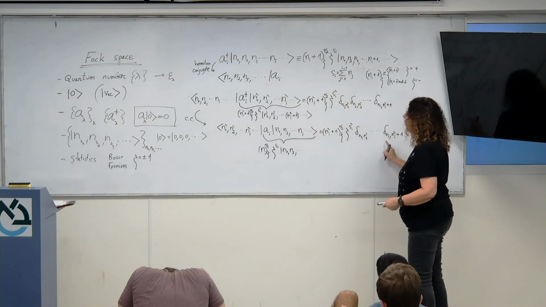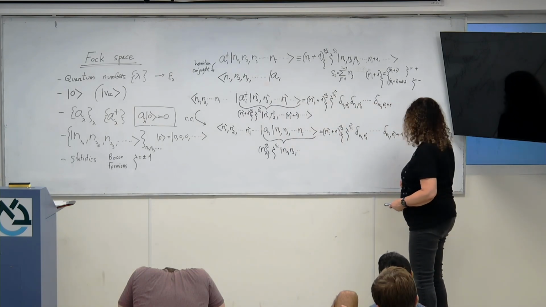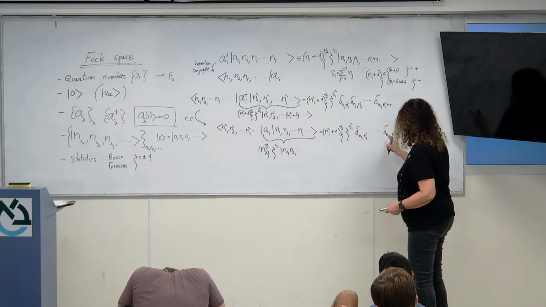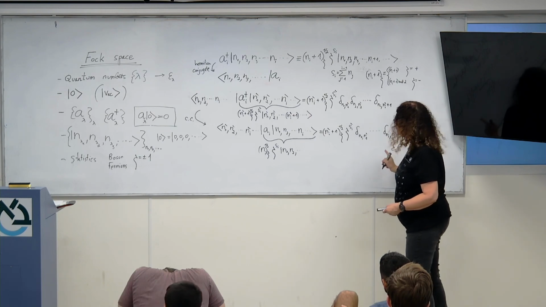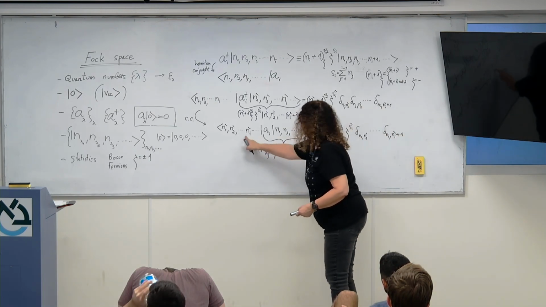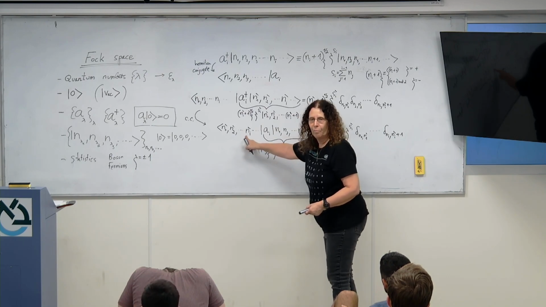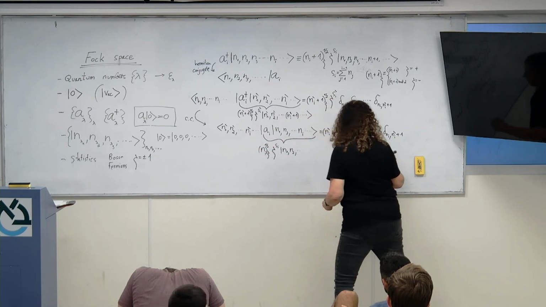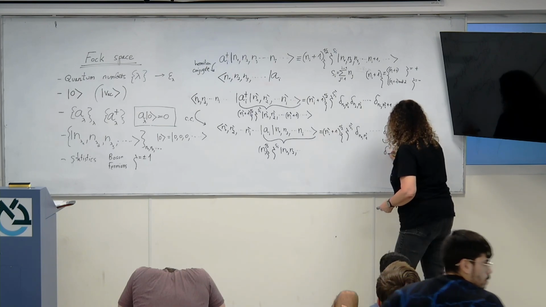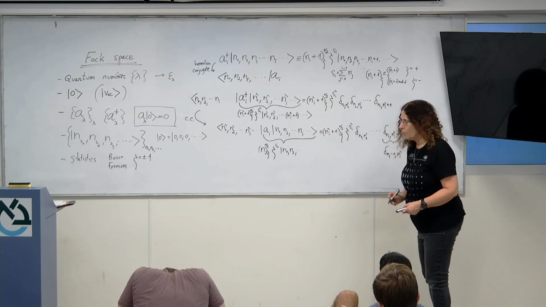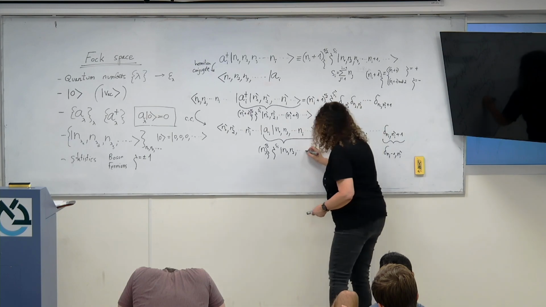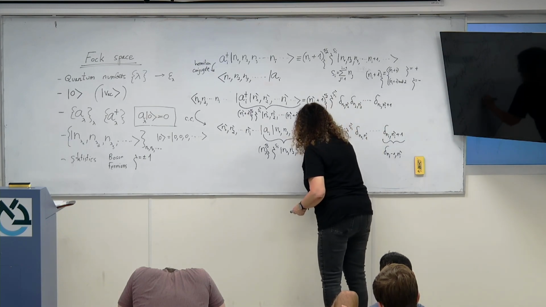Because these are the deltas, except that at the place I have not Ni but Ni minus 1, because it has to give me a delta with Ni prime. I can rewrite it as a delta of Ni minus 1, Ni prime, right? This is an identity. So here I have Ni minus 1.